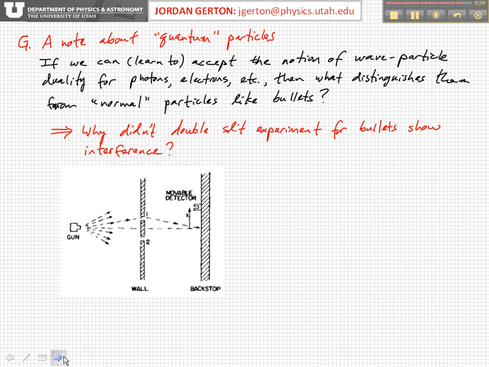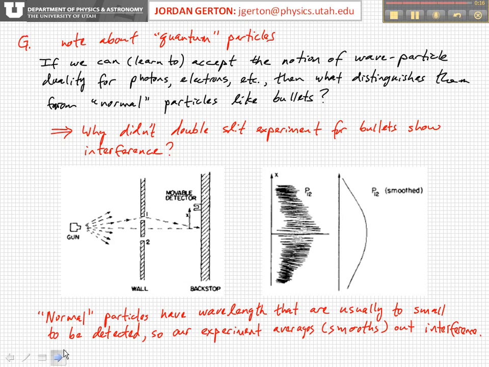So why when we did the double slit experiment for the bullets, why did this experiment not show interference? Why did we see just a normal sort of particle-like probability distribution when we opened both slits? And the reason is that in fact there is an interference pattern, but it turns out the wavelength for normal particles, that is larger particles, is so small that these wiggles basically get averaged out.